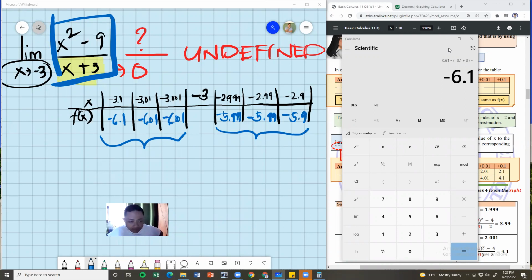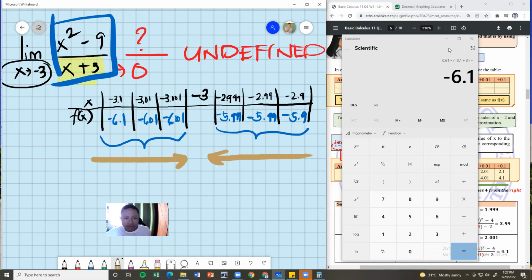Looking at this pattern, ayan, from here, habang papalapit na papalapit, the values are going near to a certain value. And looking at the pattern, what do you think is that certain value that, by using substitution, by using the table of values, we will arrive at the limit, the value of the limit?